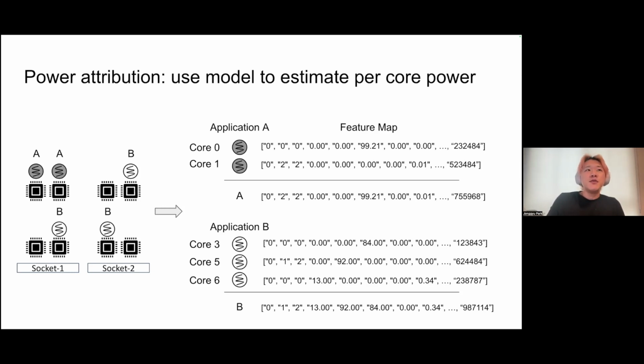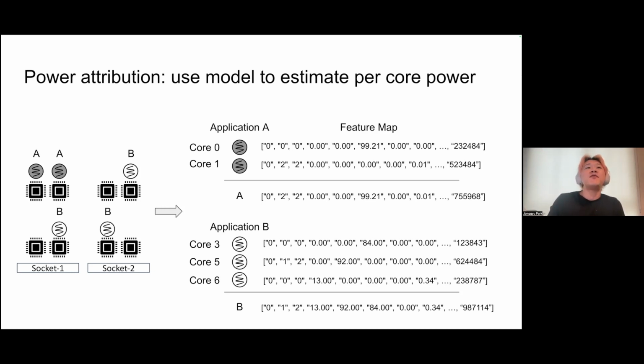For attribution, we collect per-core machine learning features and figure out the core occupation information of applications and build a feature map for each individual application. For example, here, if application A is currently occupying core 0 and 1, we combine such cores' features and create a new feature map only for application A.